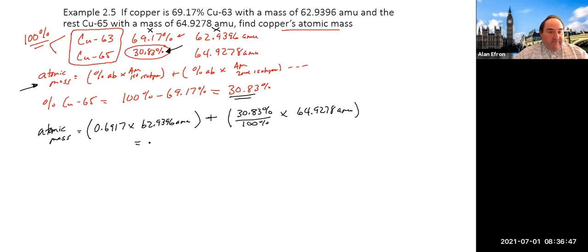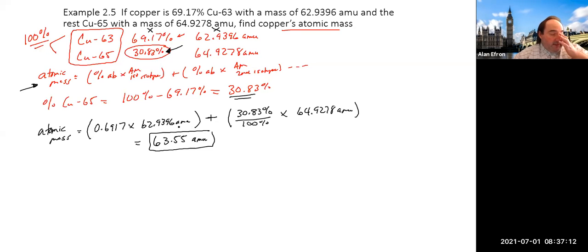It's about 43.54, give or take, plus 0.3083 times 64.9278. That gets us an atomic mass of 63.55 AMU.